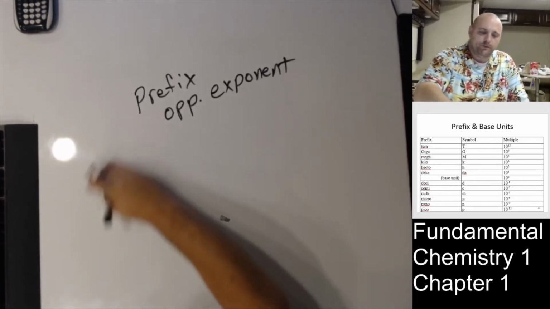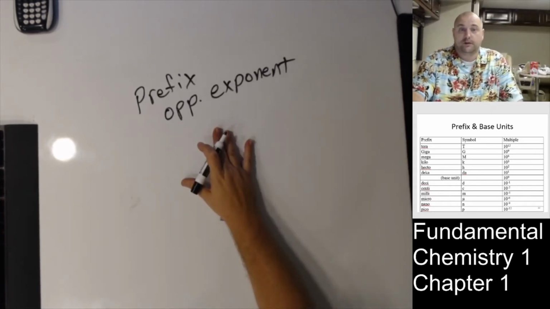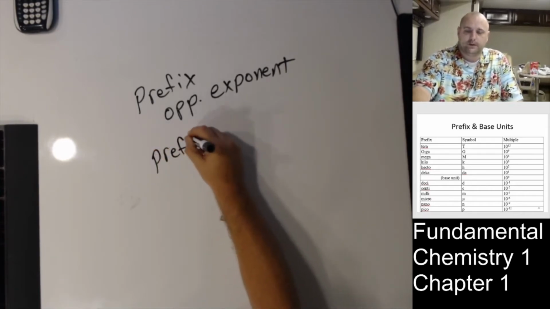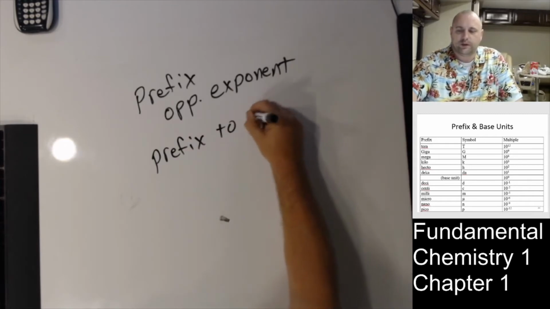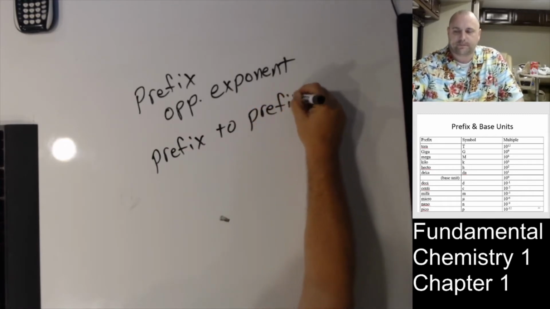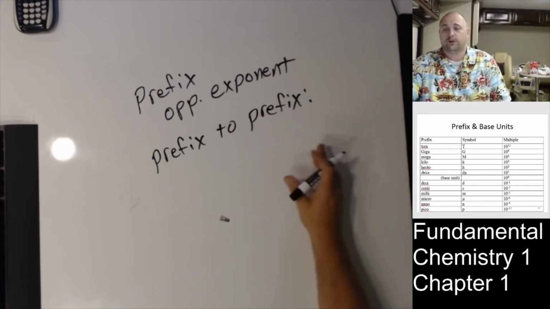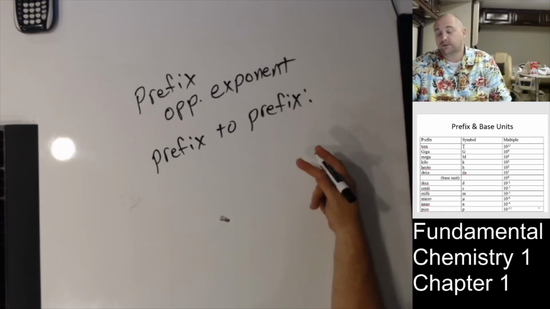Okay, so there's another key to the metric system when we're going prefix to prefix. Now there's a system of doing this where we could read the table and do it in one step. But it's actually easier to think of it as two steps.